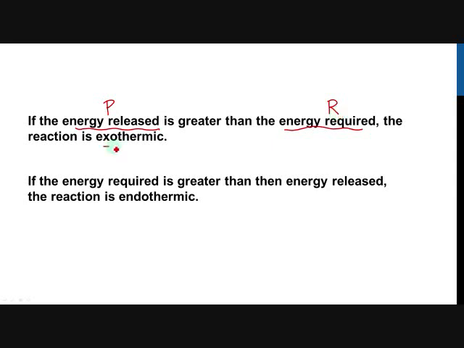Again, exothermic will be shown by having a negative value at the end, and endothermic will be a positive value. This still follows everything else we've been talking about this unit, but it's just knowing that energy released talks about the products and energy required talks about the reactants.